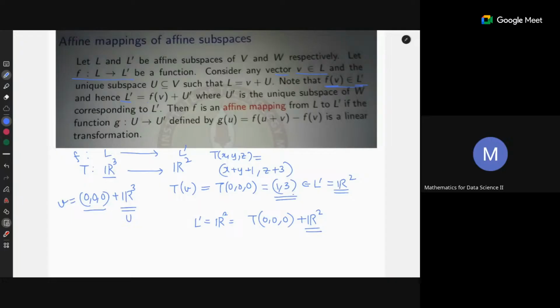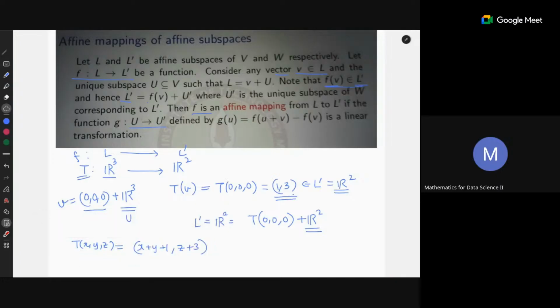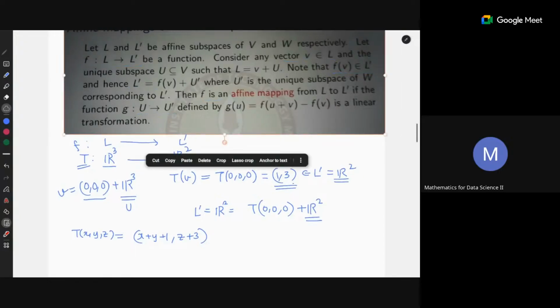Now, what is an affine mapping? An affine mapping from L to L prime: F is an affine mapping, the map T is an affine mapping, if there exists a function G. So coming back to this function, you need to find out if G of U is equal to F of U plus P. In my case, G was T prime, which was defined like this.